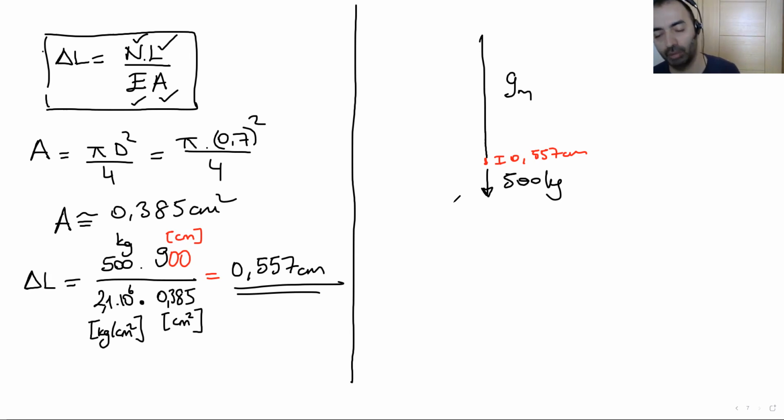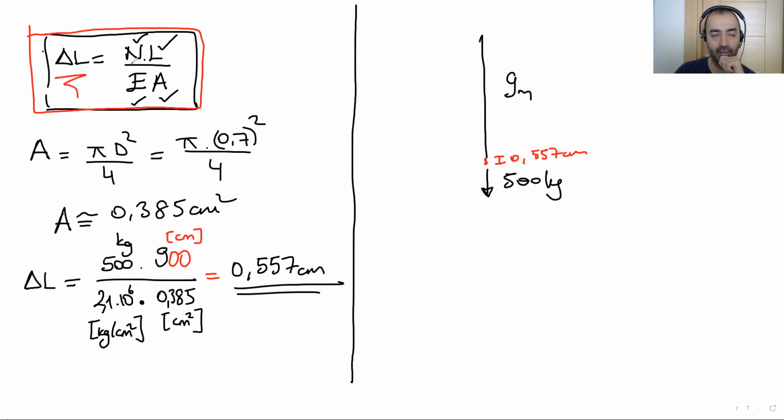That's okay, it depends on our section. As you can see in this equation, if we increase the length of the member, our delta L increases. It's proportional with N and L.